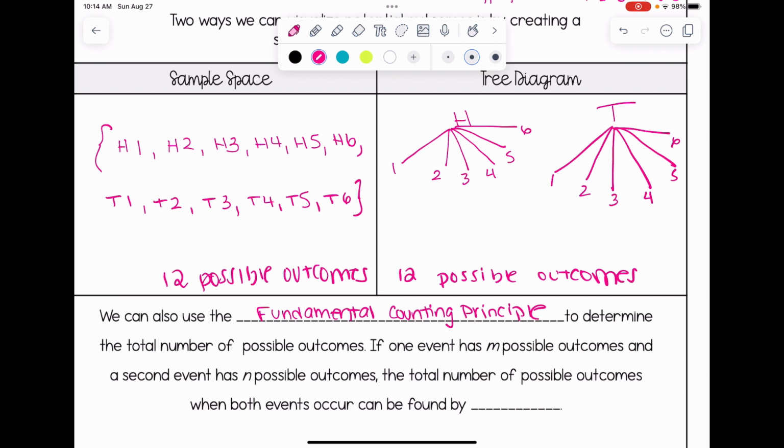If one event has m possible outcomes and a second event has n possible outcomes, the total number of possible outcomes when both events occur can be found by multiplying m times n. If you think about this in this example, we had 2 outcomes that are possible for the coin, 6 possible outcomes for the die, and 2 times 6 gives us 12, and that matches our 12 outcomes from our sample space and our tree diagram.